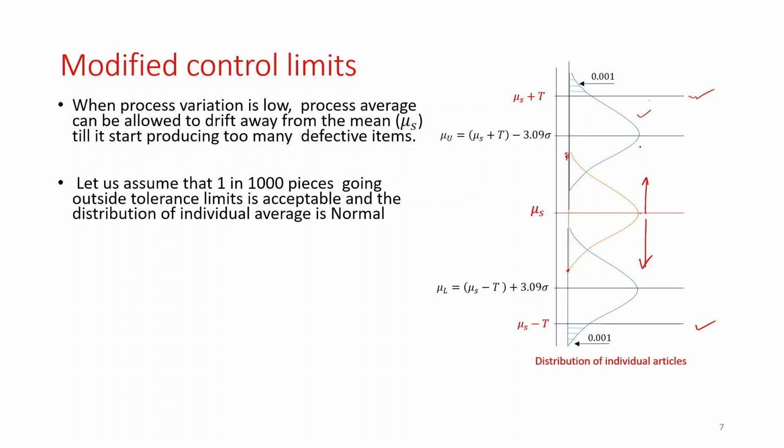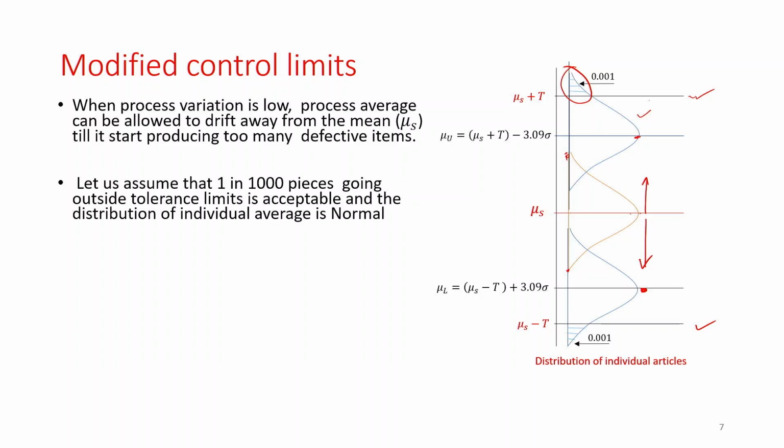So if it starts shifting to the right or left, and the mean reaches this point, then part of the curve goes outside the mu s plus t line, that is the tolerance line, on the left hand side of the curve. Or on the right hand side, the maximum shift is up to this much, and here also it has gone outside and some defective items are produced.